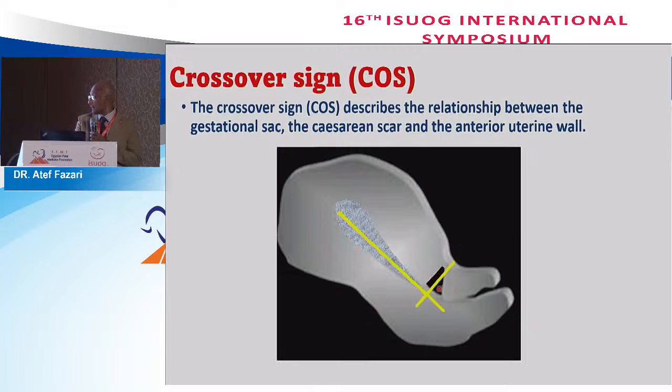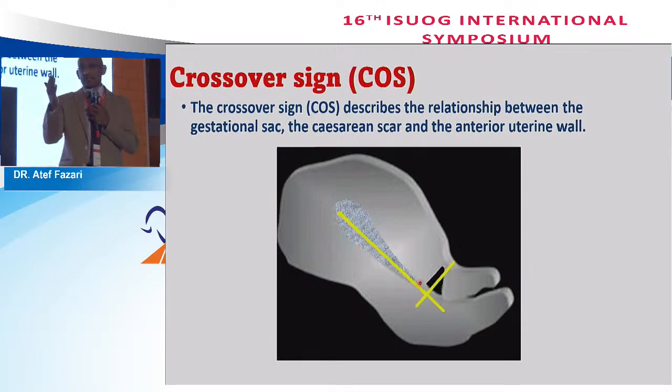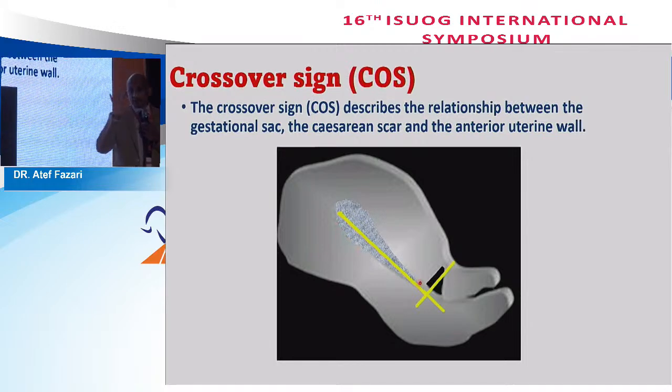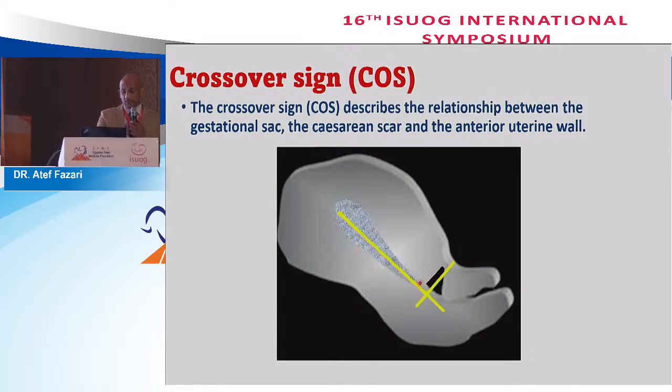At the crossing point, we look at the relation of the gestational sac: where is the gestational sac relative to this crossing point? This is called the crossover sign, COS. It can be normal, or crossover type 1, type 2 minus, or type 2 plus. So there are 4 grades or categorizations of the crossover sign.